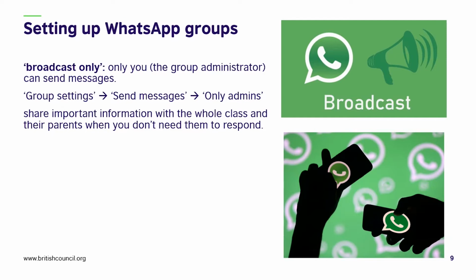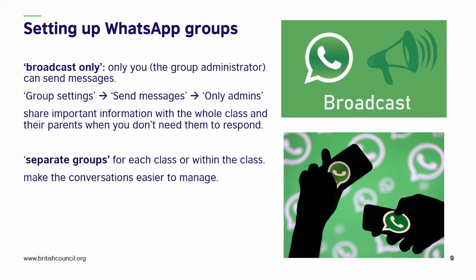This kind of group is very useful for sharing important information or making announcements, such as important dates, with the whole class and their parents, and you don't need them to respond back to you.